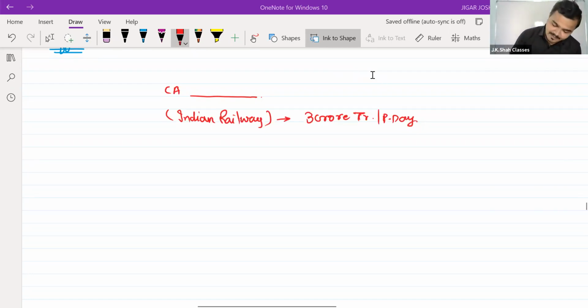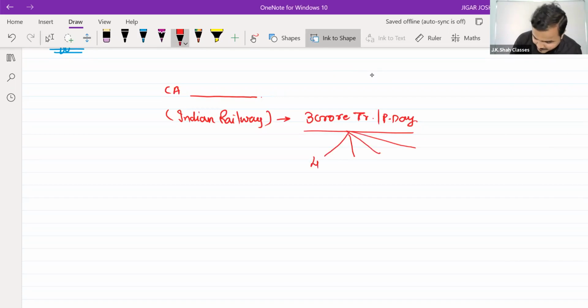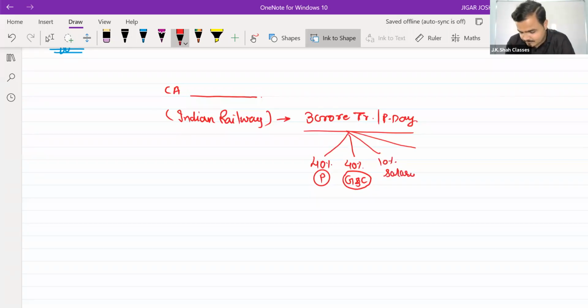Anyone? Let me tell one more thing regarding this: the 3 crore transactions are actually classified into 4 parts. 40% of transactions are passenger related data. 40% is related to goods and carriages, GNC. Then 10% data, my dear student, is regarding salary and other expenses.